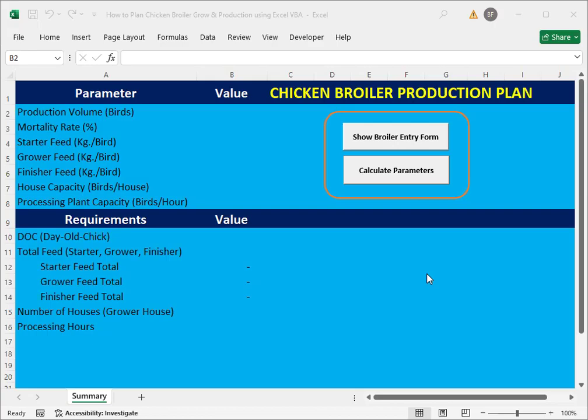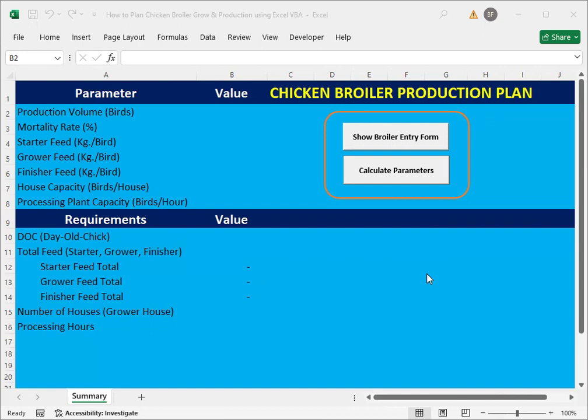Let's say, for example, if you're going to produce 1 million birds as your production volume for one cycle, and there will be 7 batches in 1 year, assuming a short downtime between cycles is being considered.